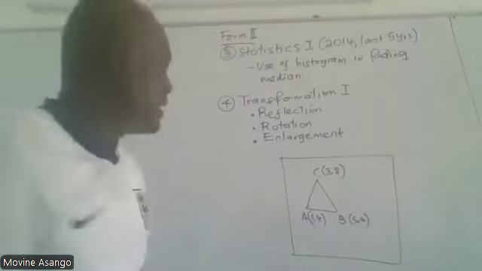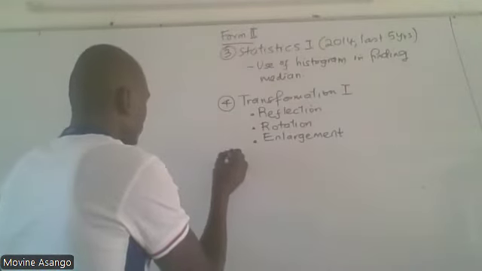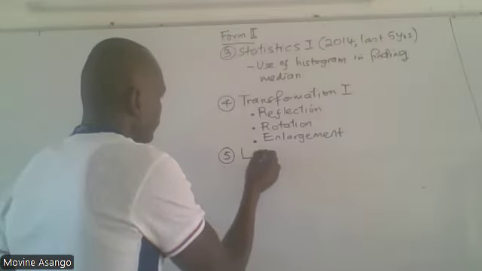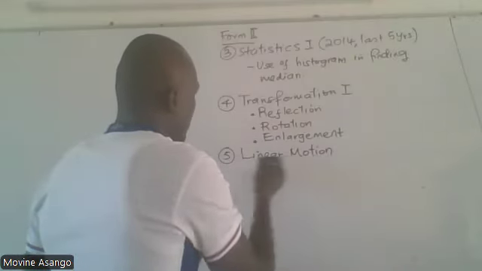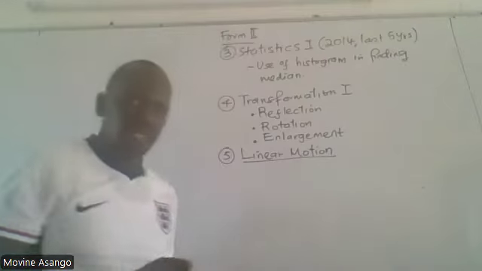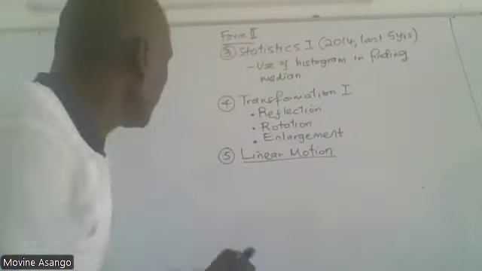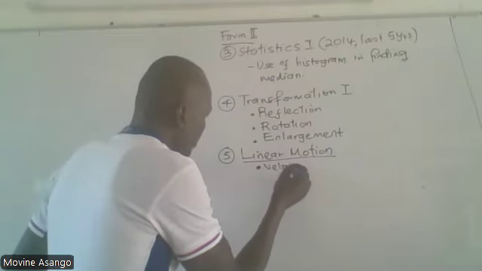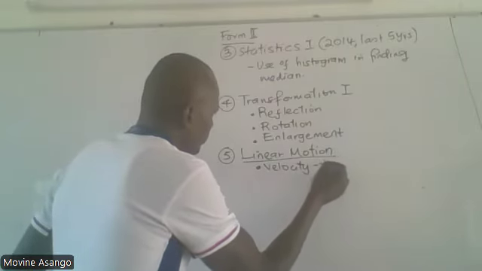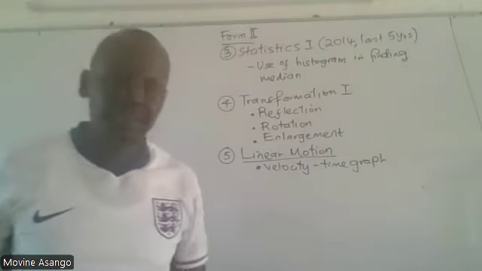Number 5, linear motion. I said there are 7. Under linear motion, I expect you to work on velocity time graph, interpretation of velocity time graph.